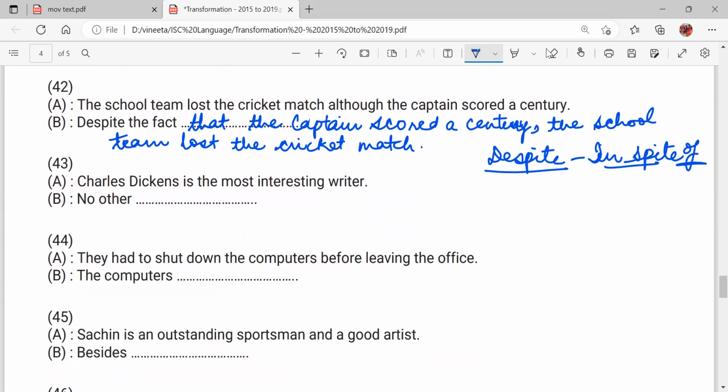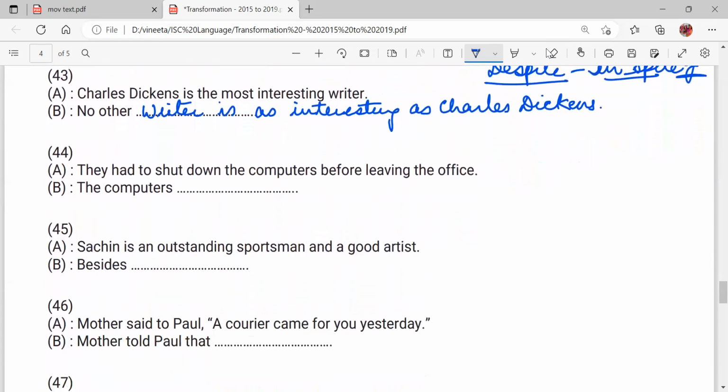Charles Dickens is the most interesting writer. Again, degree of adjective. Superlative is given. No other writer is as interesting as Charles Dickens, right? They had to shut down the computers before leaving the office.